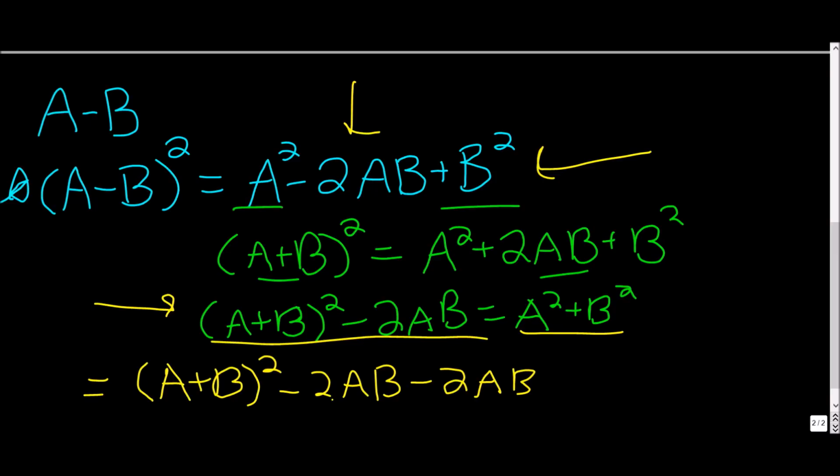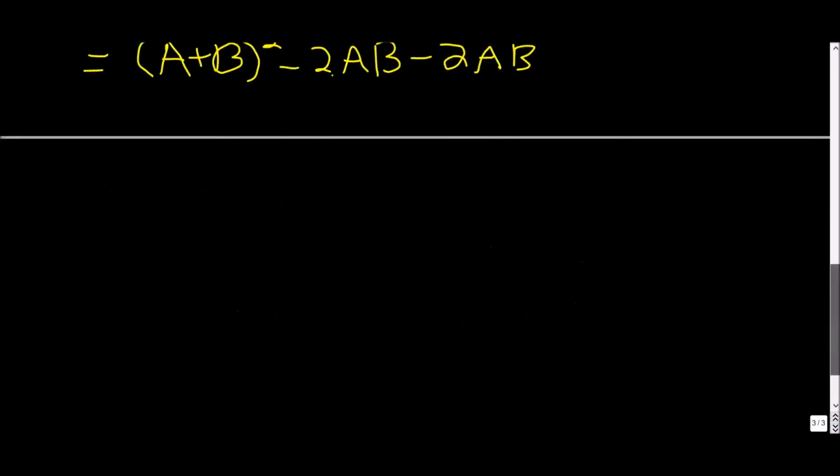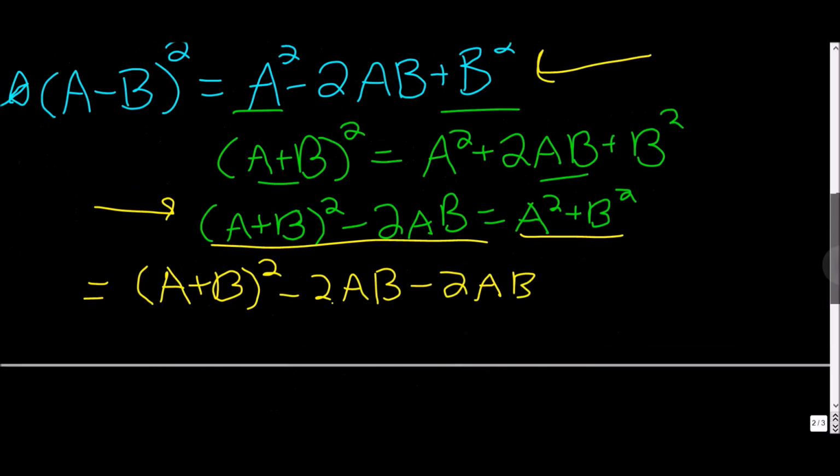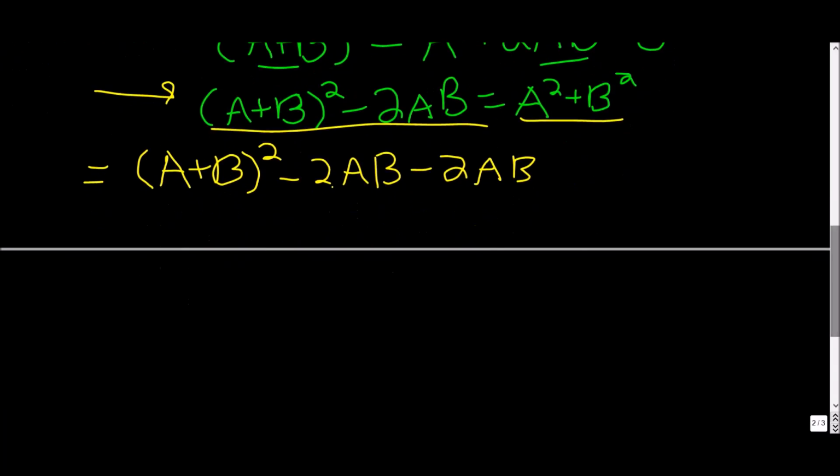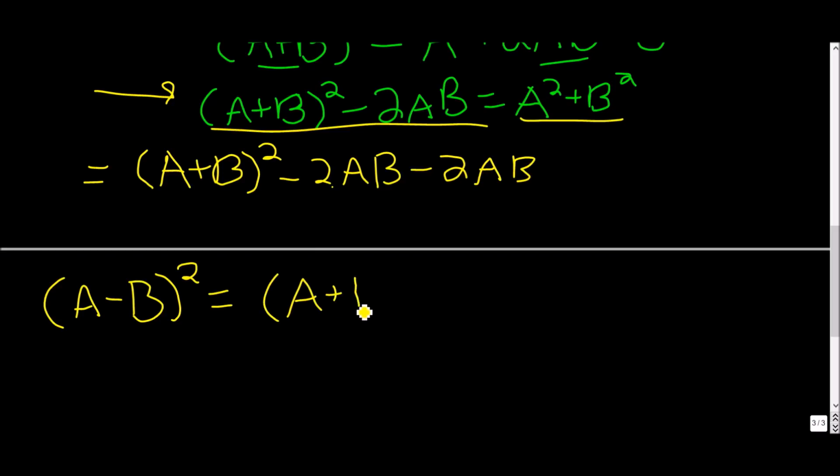So what I'm going to see here is that alpha minus beta squared, that is what we just wrote, which is alpha plus beta squared minus 4 alpha beta. So I know that and that.